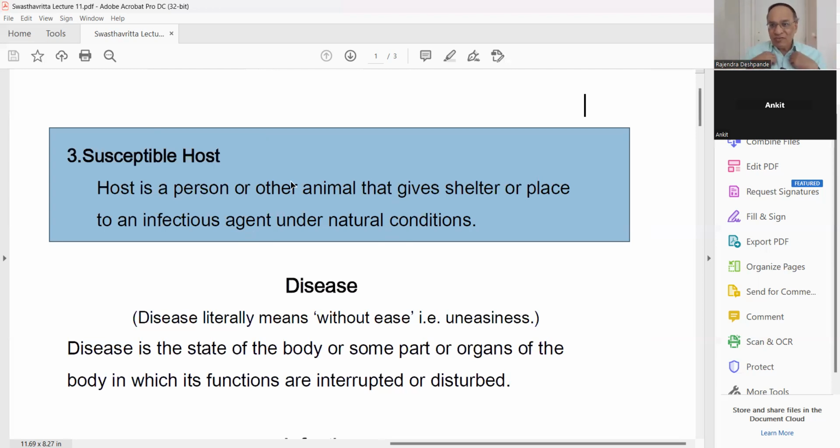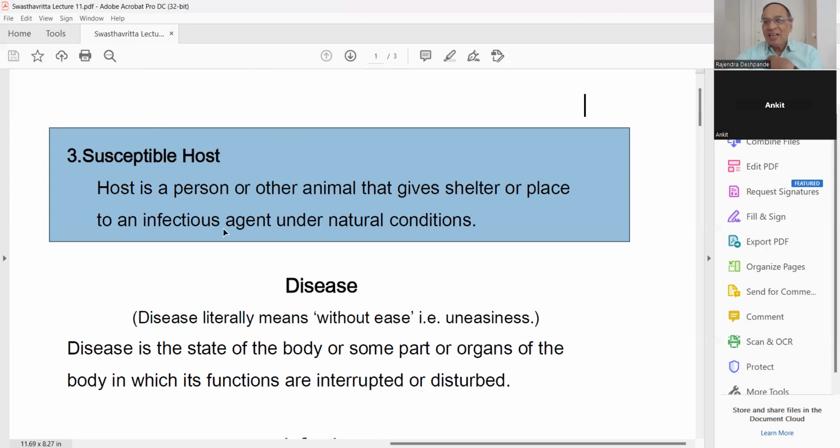Example, I don't have tuberculosis, but any person having tuberculosis is a host. Another example, some person gets HIV, AIDS. He is a host and he can get another infection also because of the less immunity. Are you getting my point? So host is a person or the animal which gives the shelter to the bacteria.